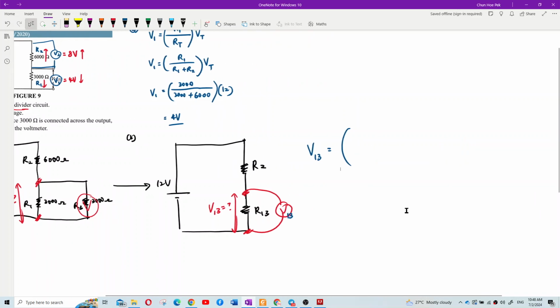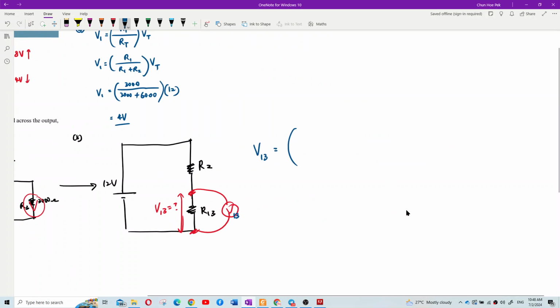So it is R2 over, I can say V total. It's not V total. So what I'm doing? Actually, I'm getting dizzy already. Oh no, not R2.